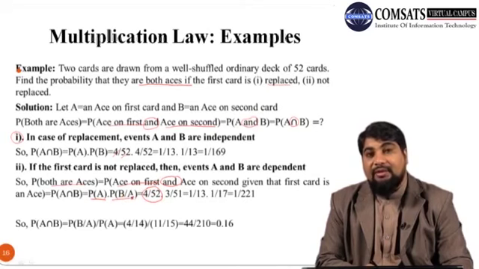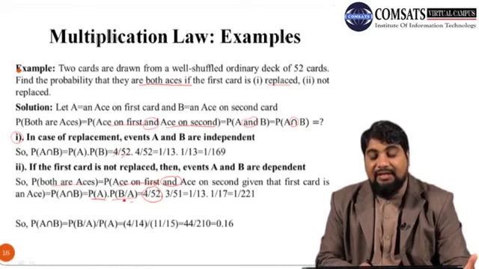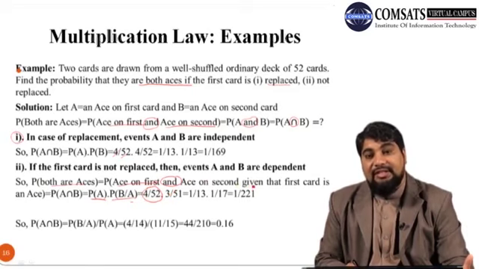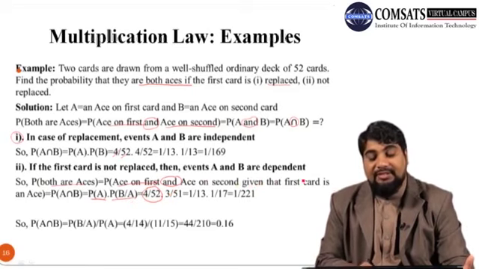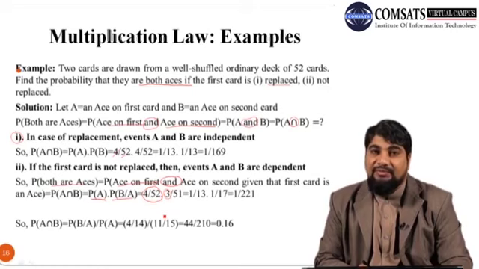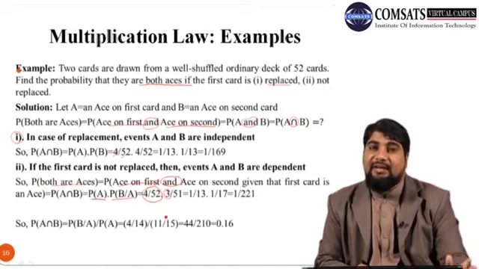B given A means now we know that the first card is an ace, which has not been replaced. So now our sample space reduces to 51 instead of 52. So for B given A, the probability that the second card is also an ace, given that the first is an ace: now the total number of aces is 3, because out of 4 aces, 1 ace has already been taken out.